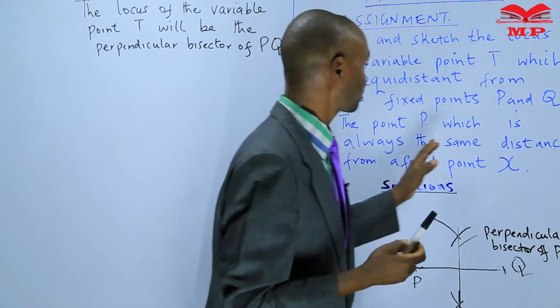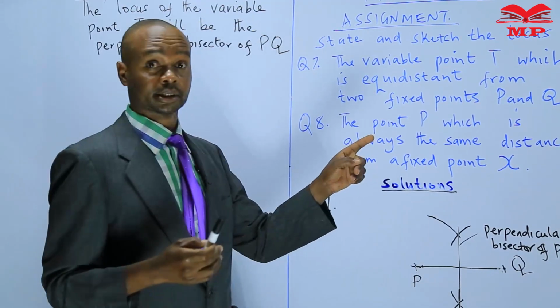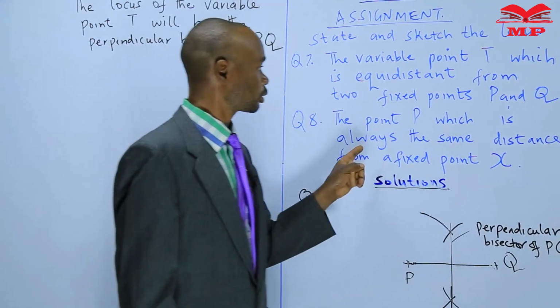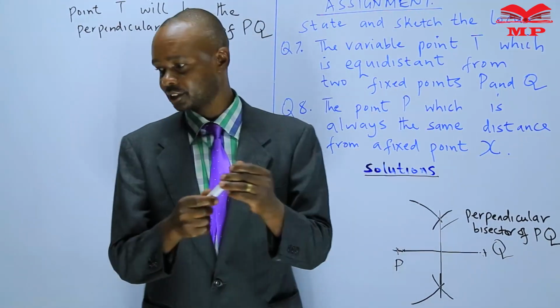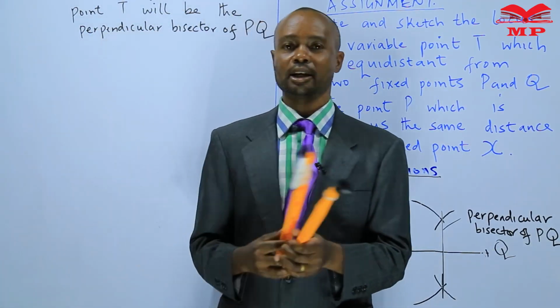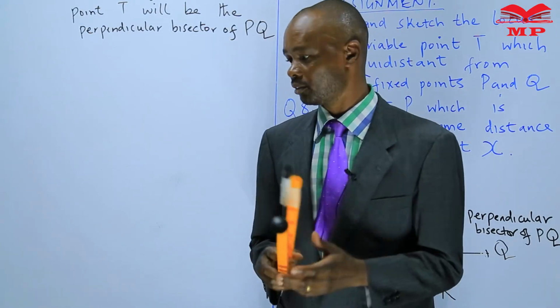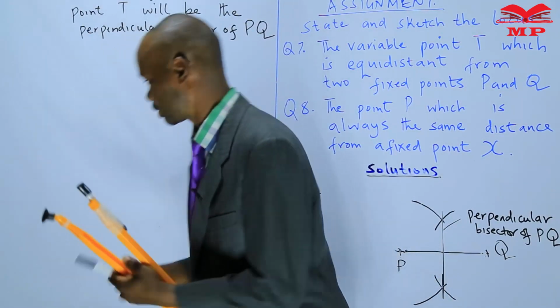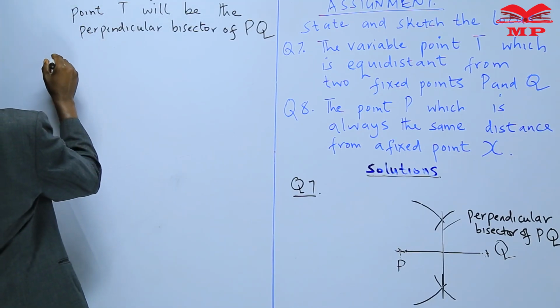We'll move to the second question. A point P which is always the same distance from a fixed point X. So just to start that, I'll need a pair of compasses. So we go to the solution of question 8.